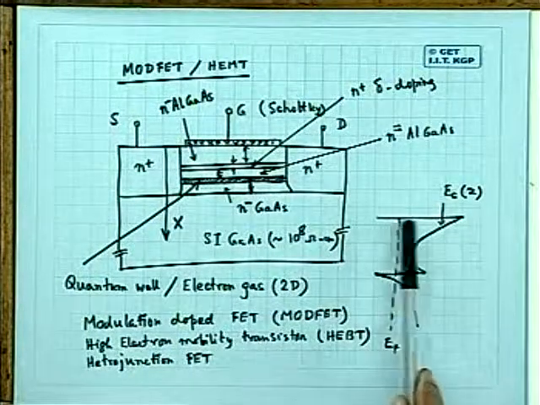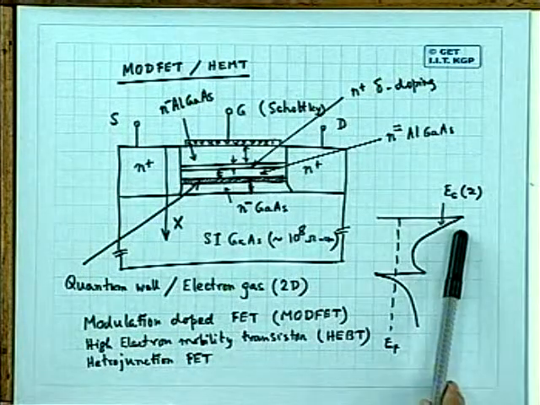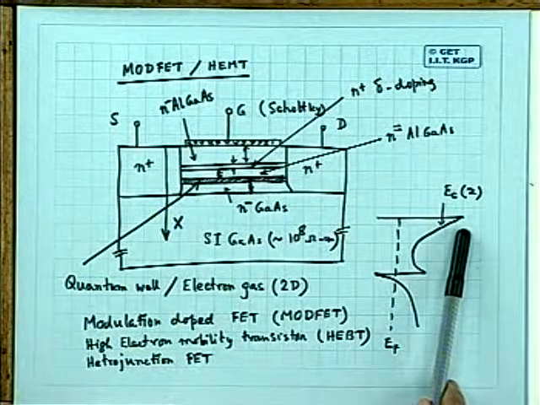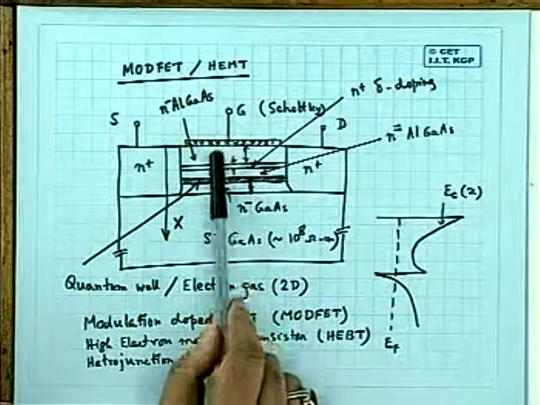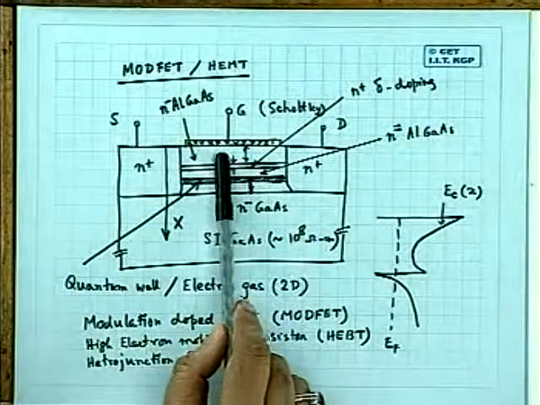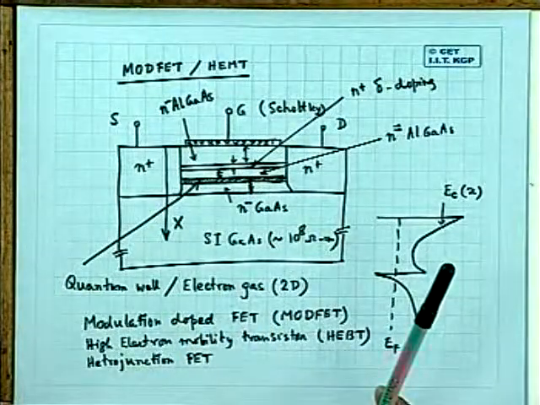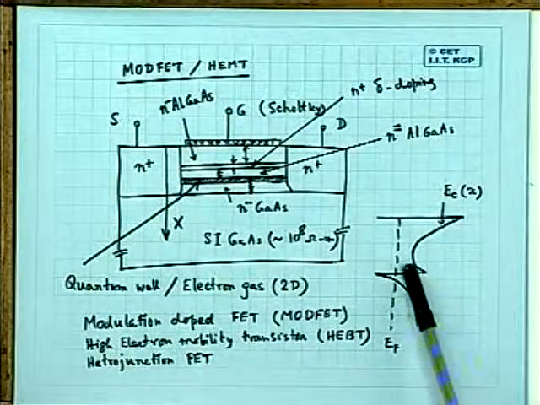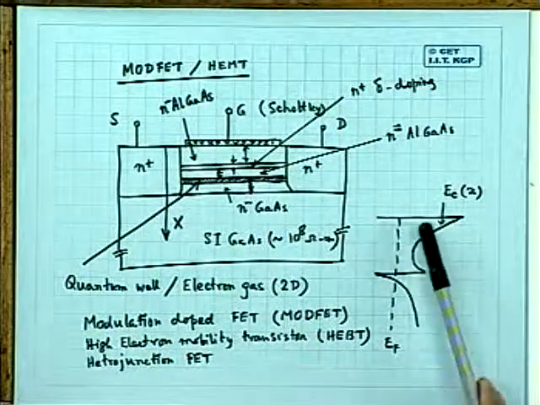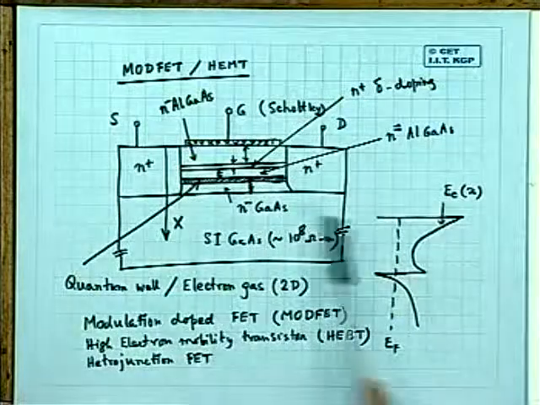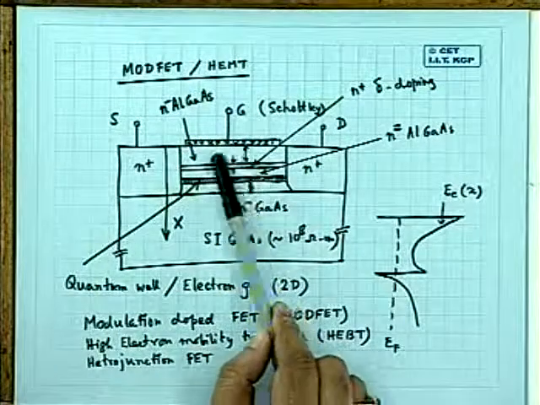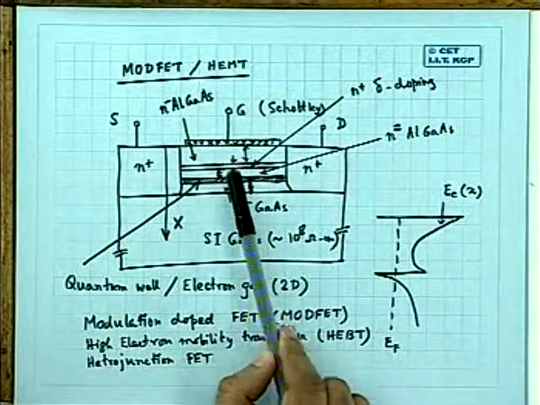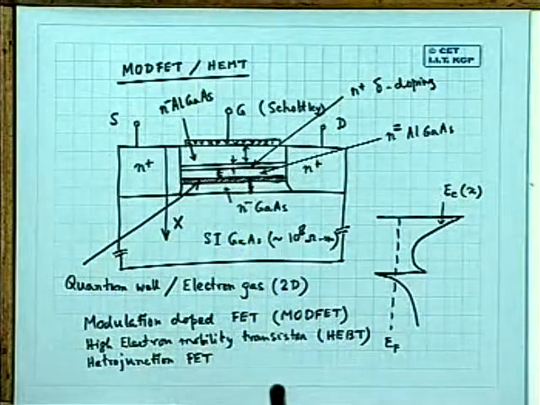And if you bias it negatively, either gate is biased negatively, then this layer becomes depleted very easily because the doping over this region is small. Secondly, the vertical thicknesses are also very small.